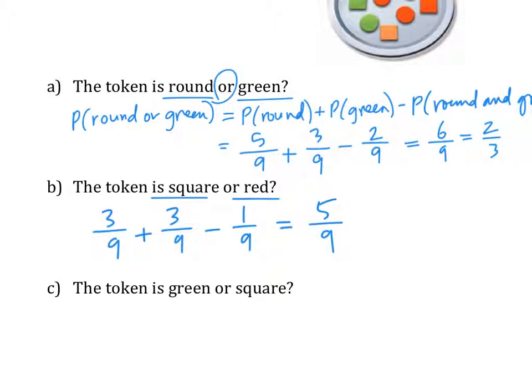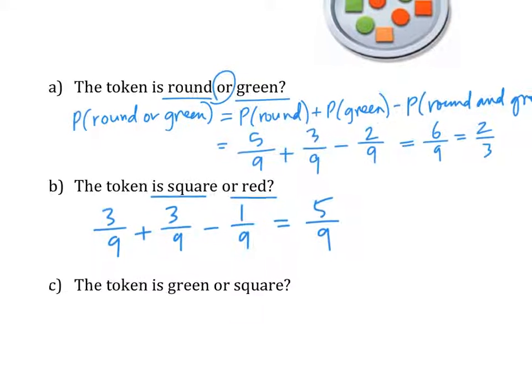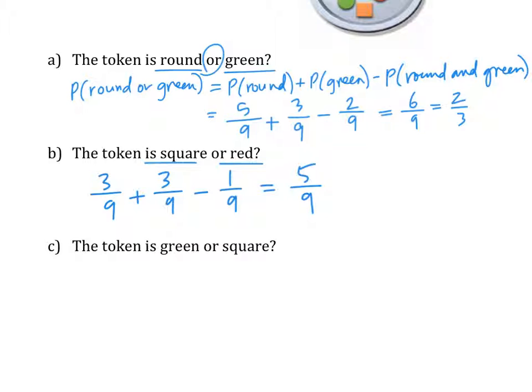Can you have green and square at the same time? Yes. So then we need to subtract that out. And what is the final answer? 5 over 9. Are you guys okay so far? Okay, so let's go back to the previous page. We're going to look at a word problem.